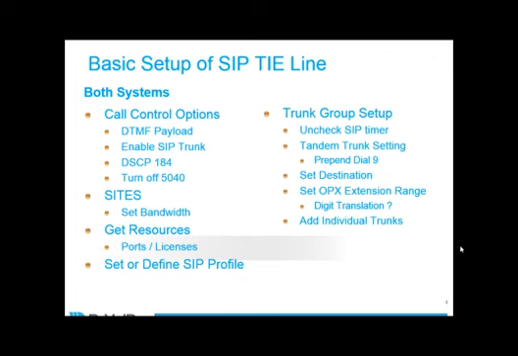We'll set the destination, just the same things you would normally do setting up a traditional analog or PRI type of trunk group. You're going to answer the same questions, do essentially the same things. You would set up the OPX extension range, which will point dialed digits in that range to the trunk. So normally in a trunk you would say folks with this class of service, executives, when they dial 9, they can use this trunk or not.